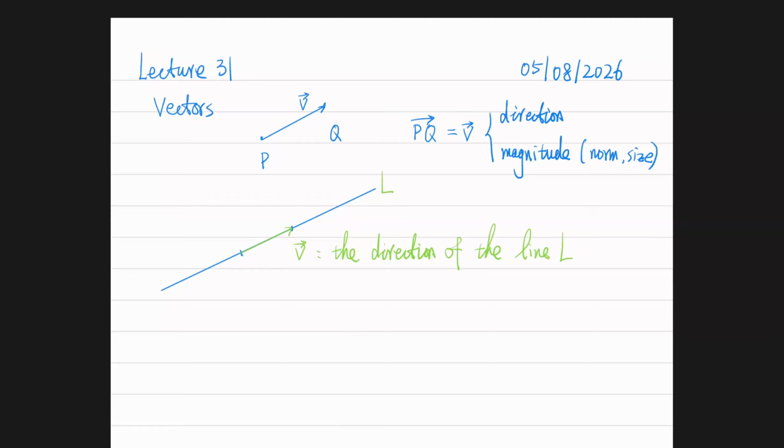Then using the dot product, we found that if two vectors have zero dot product, it means they are perpendicular. A normal direction is a direction that is perpendicular to the line.